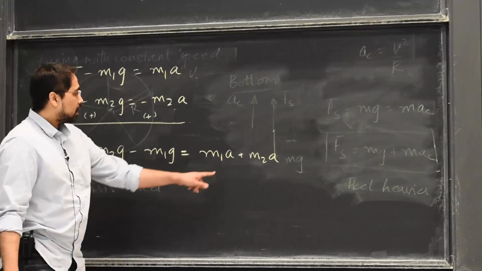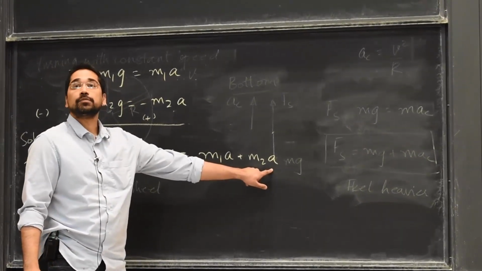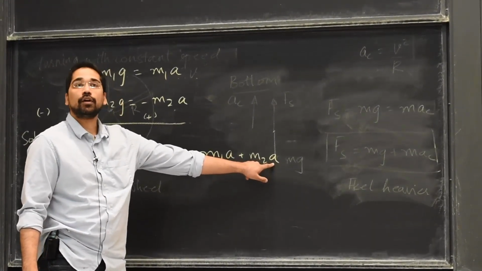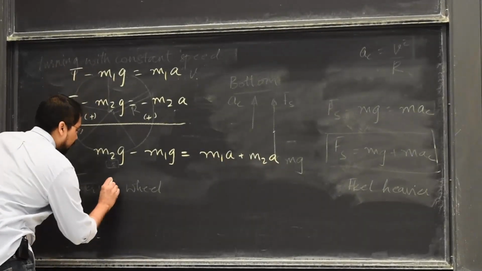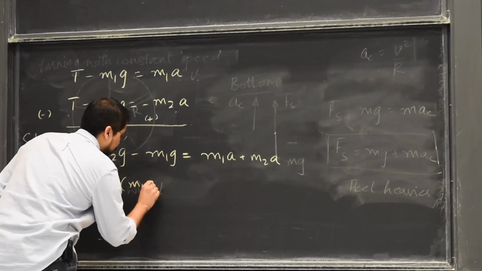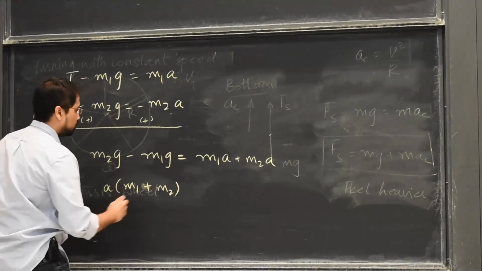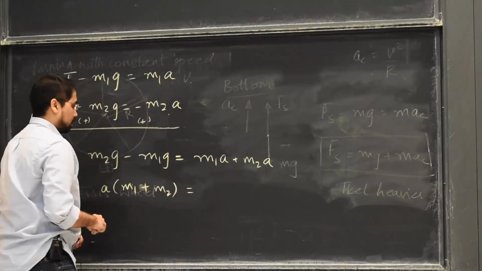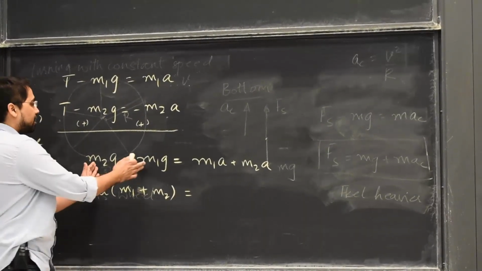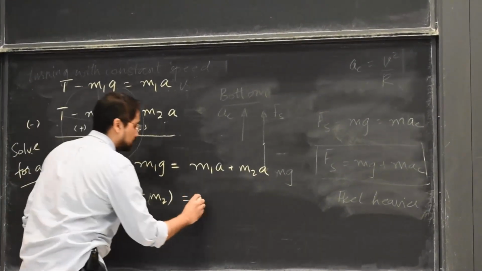So I'm going to factor out a from these two terms because that's what I want. So I can write a times m1 plus m2, and just to make it look very nice, I can factor out the g from these two terms too.